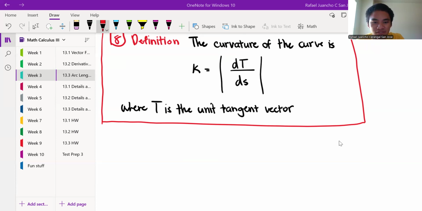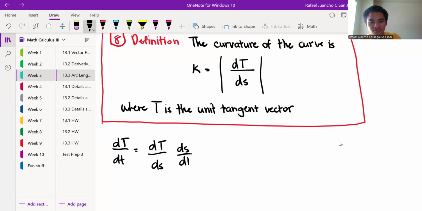Here's an easier one. Let's actually write this. So another easier way would be, dT with respect to s or to t. How do we get this in terms of t? Well, this is just dT over ds, which we already have. We multiply it by ds over dt.